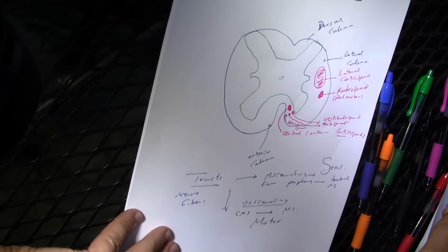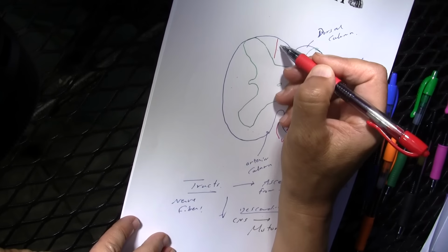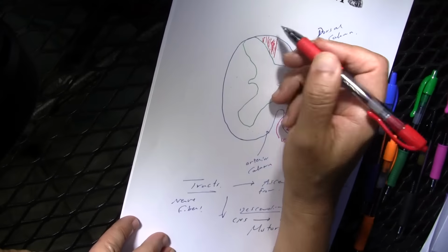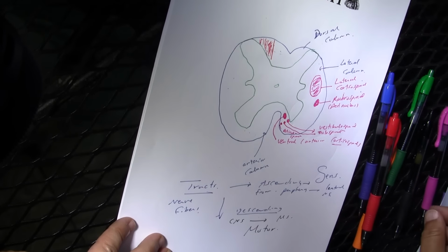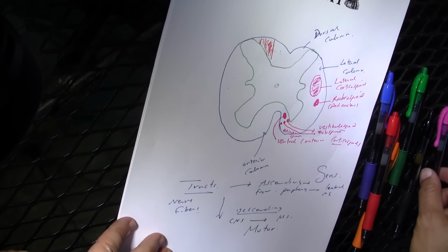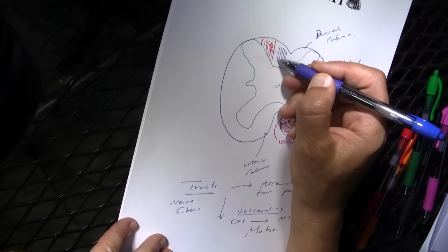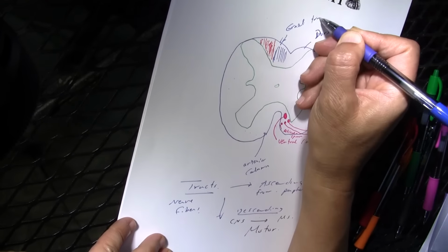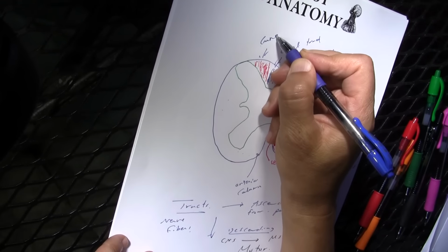How about sensory? The sensory tracts, here you have in the posterior column two important tracts, cuneate and gracile. The lateral one is cuneate, the medial one is gracile tract. So this is gracile tract, and you have cuneate.